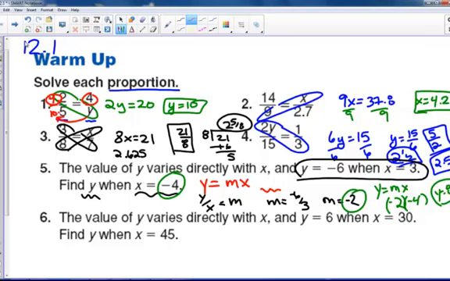Now there is a proportion you can set up for direct variation. So y divided by x would equal y divided by x. So if we put these in, -6 over 3 would equal something over -4.